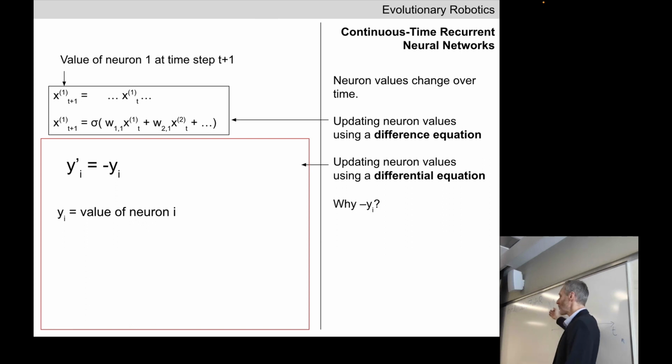We have to start, when we think about a differential equation, by giving it an initial value. So you can imagine that y sub i happens to be some hidden neuron inside the neural network, and at the first time step of simulating this neuron, let's say we set the initial condition of y sub i to 0.